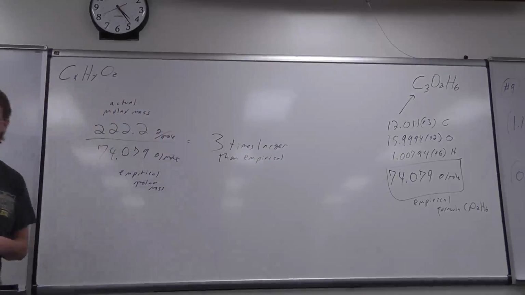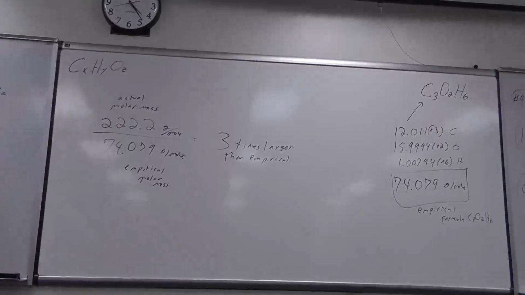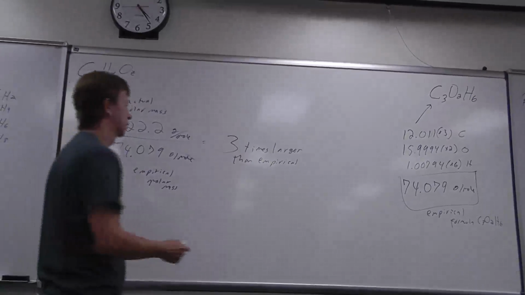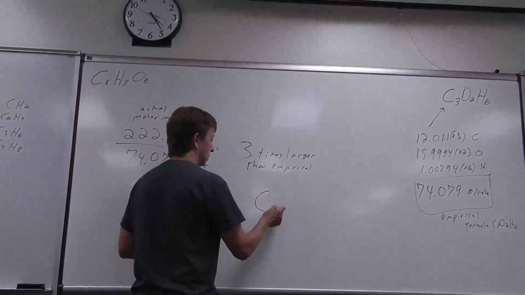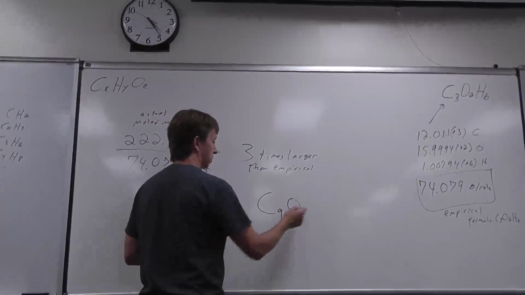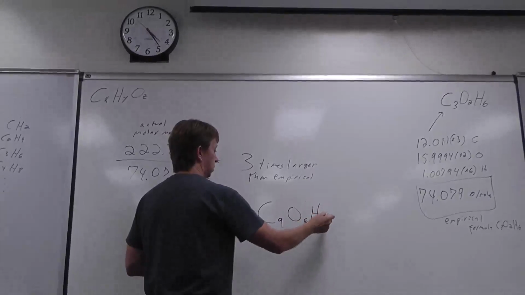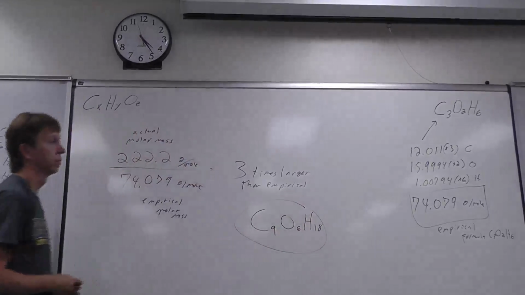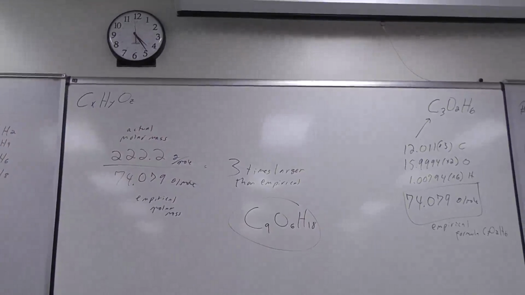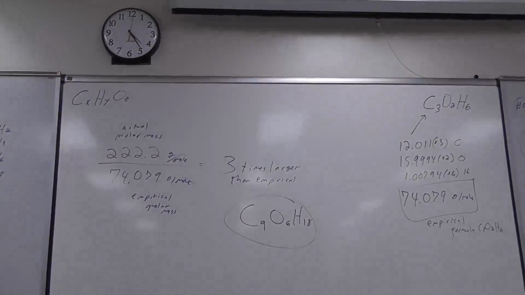If it's 3 times heavier, it's 3 times bigger. That means 3 times as many of the elements. So how many carbons are there really? And oxygens and hydrogens. 18. That's your real formula. That's the real molecule.